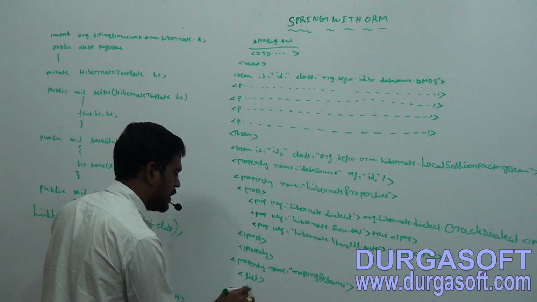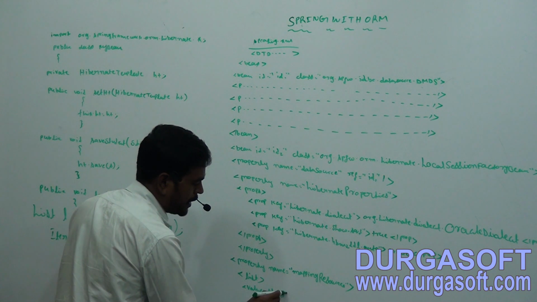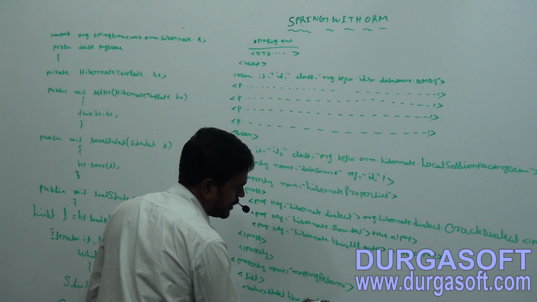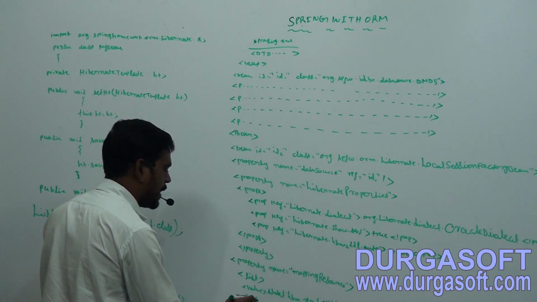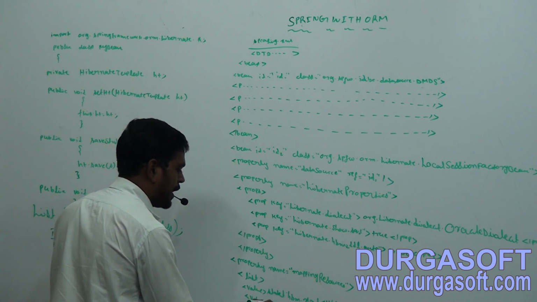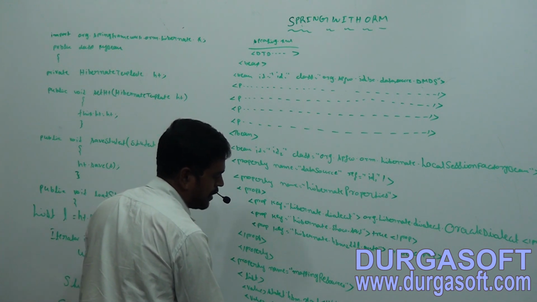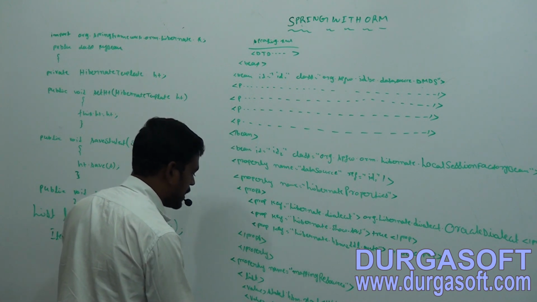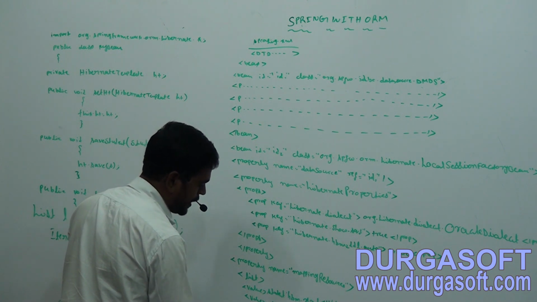Now under that value, student.hbm.xml, close the value. If at all one more is there, under that value employee.hbm.xml, close the value. Now close the list, close the property, then next close the bean.